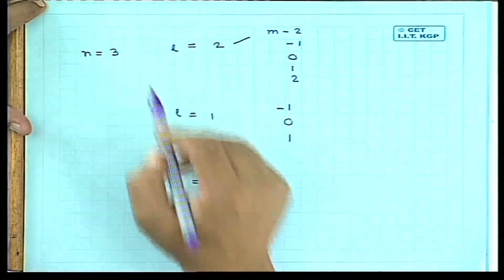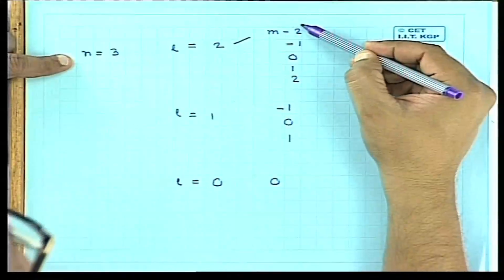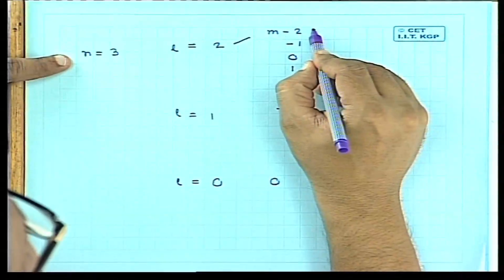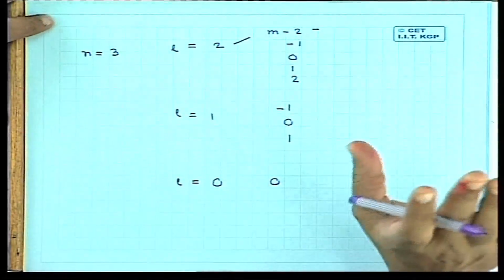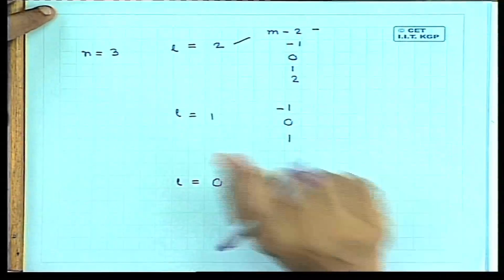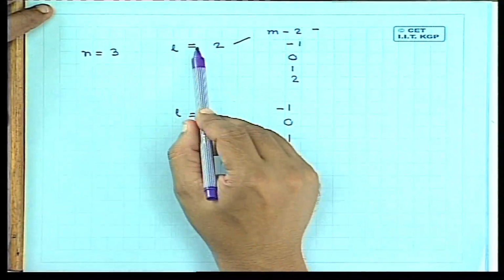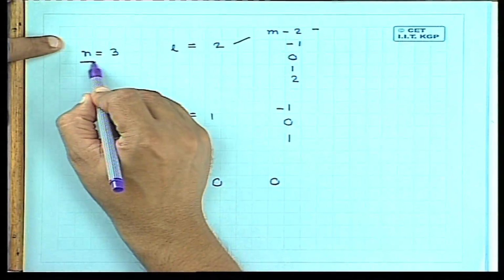So, you can easily find out, for a given energy level n, how many degenerate states there are. All of these are different wave functions, so they are different eigenstates, different quantum states, but all of them correspond to the same value of the energy. They may have different total angular momentum, but they all correspond to the same energy.